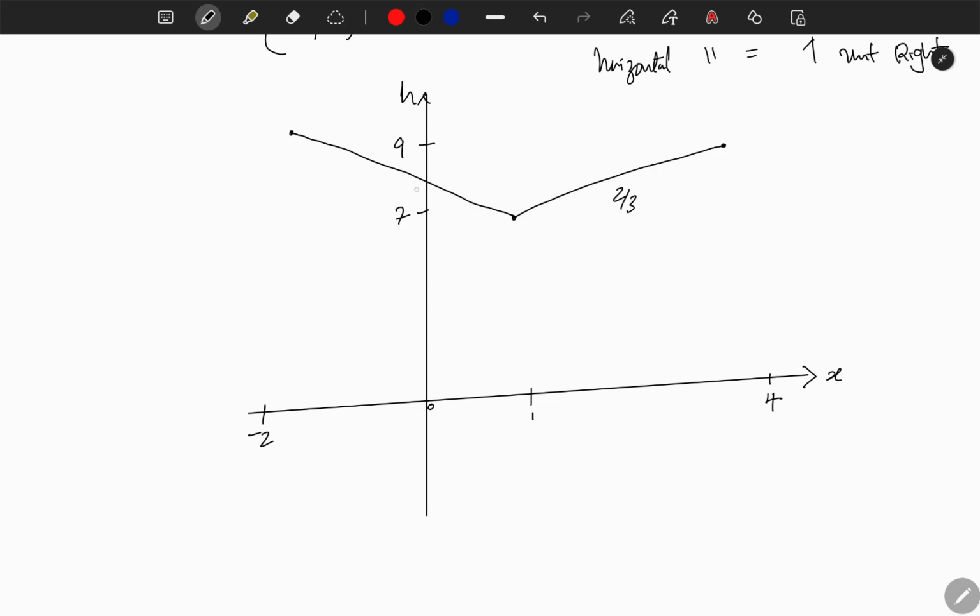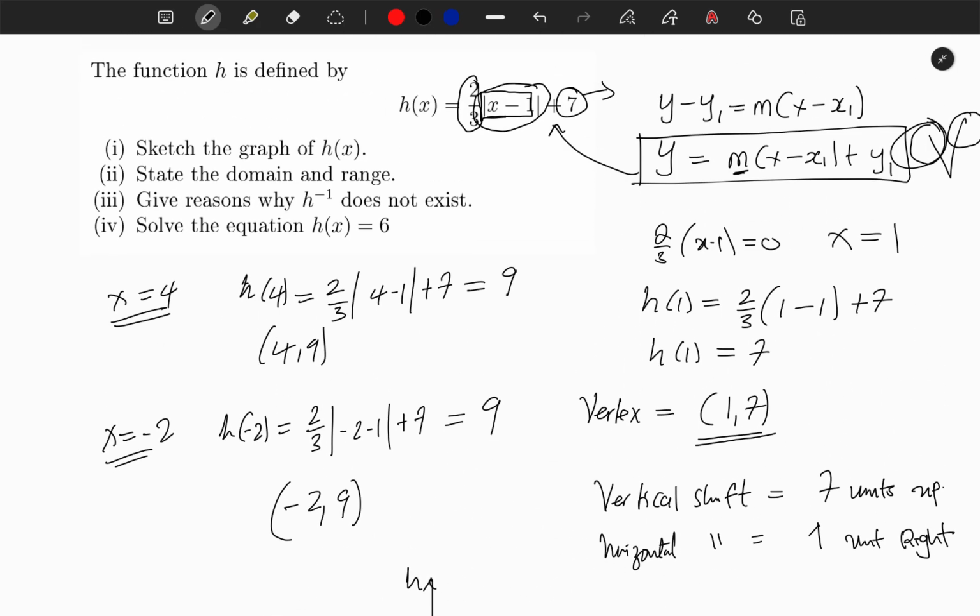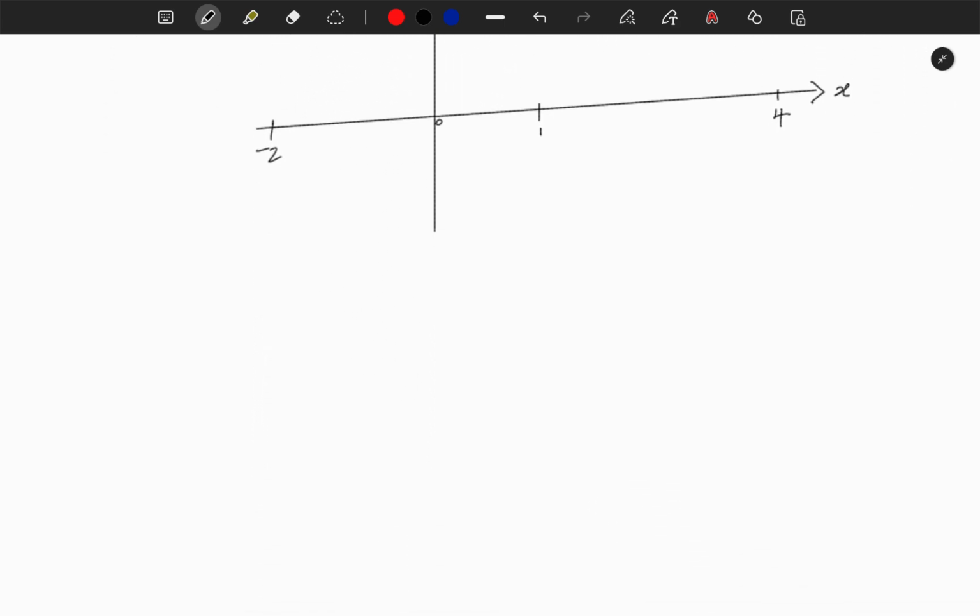But the gradient here, because the line is slanting down, will be negative 2/3. So this is just an illustration of how the graph is supposed to be. It will be a V shape. I may not have drawn it properly, it depends on your scale, but keep in mind this is how the graph is supposed to come out. Then we go to part 2, which says state the domain and the range.